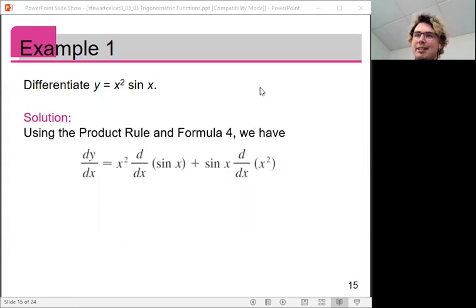And then I have to add on sine of x times the differential operator d on dx applied to x squared. Both of those are derivatives we can calculate separately. So I get the derivative of this function is equal to x squared times the cosine of x plus 2x sine of x.